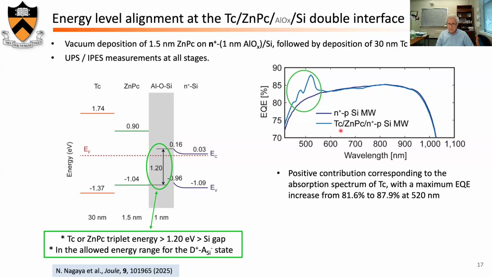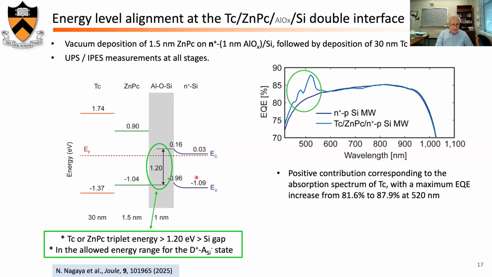But as you add tetrazine and zinc PC, you have this extra positive contribution in a region of the spectrum that corresponds exactly to the absorption spectrum of tetrazine, as I will show you again and again a little later. So clearly, the tetrazine and zinc PC has a very positive impact on the external quantum efficiency, with this increase at 520 nanometers or so.